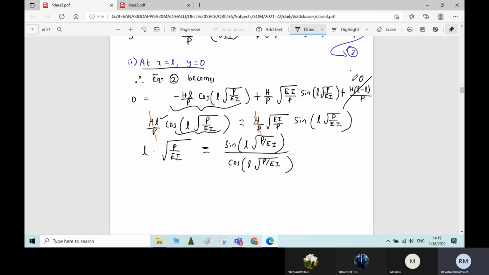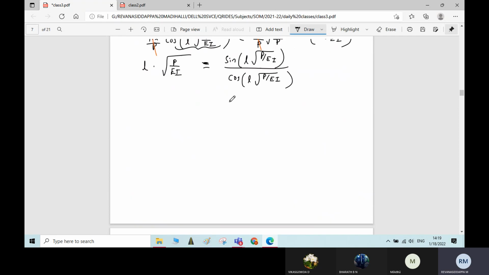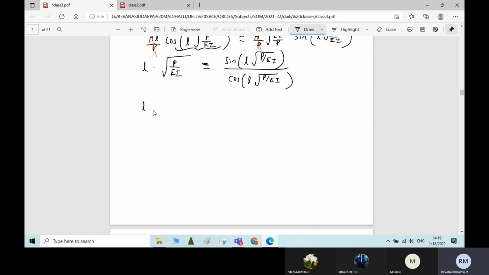Therefore the equation becomes L root P by EI is equal to tan L root P by EI, since sin by cos is tan.